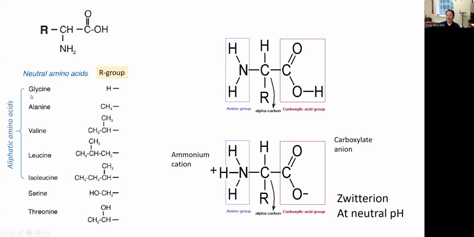So if you look at these five amino acids that were introduced, glycine, alanine, valine, leucine, and isoleucine, their R group is mainly composed of hydrogen and carbon, a hydrocarbon chain. It looks very similar to the hydrocarbon chain in a fatty acid, so they have some lipid-like characteristics.